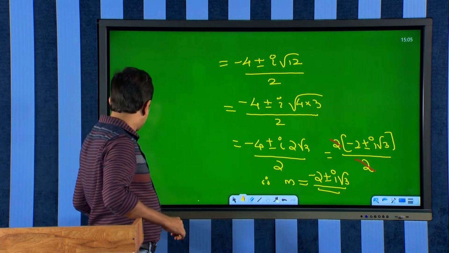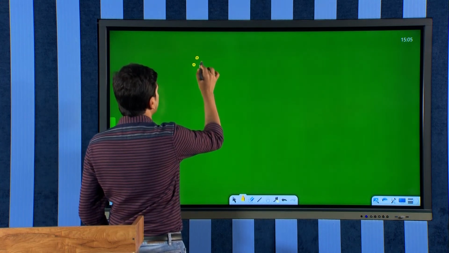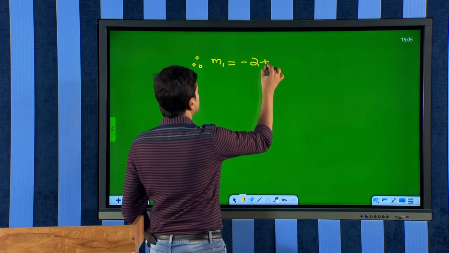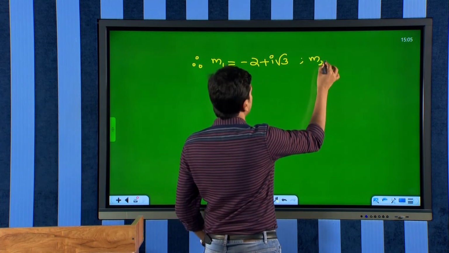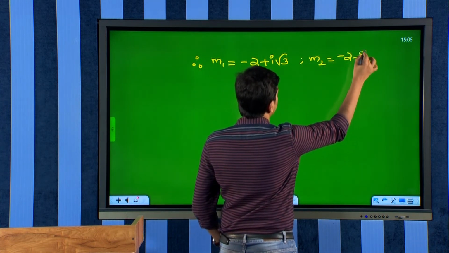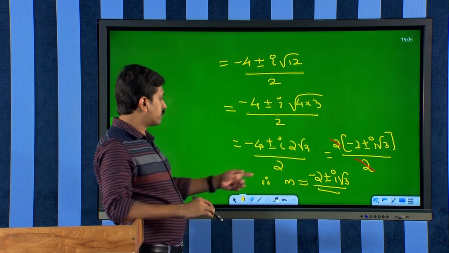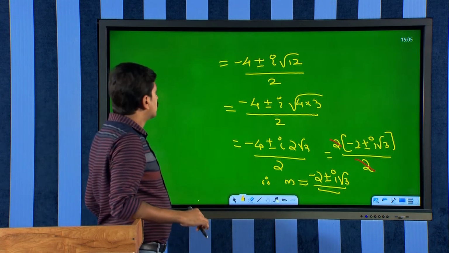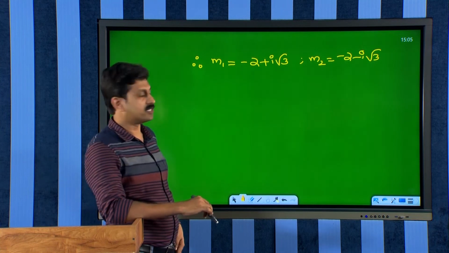Therefore m1 is equal to minus 2 plus i root 3 and m2 is equal to minus 2 minus i root 3.